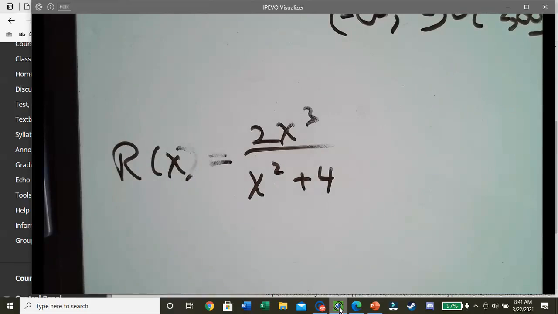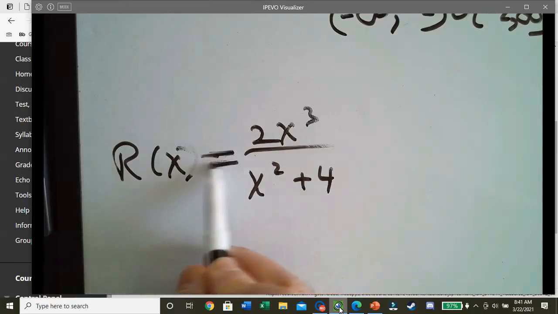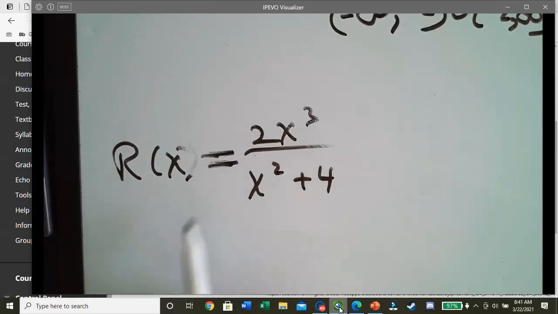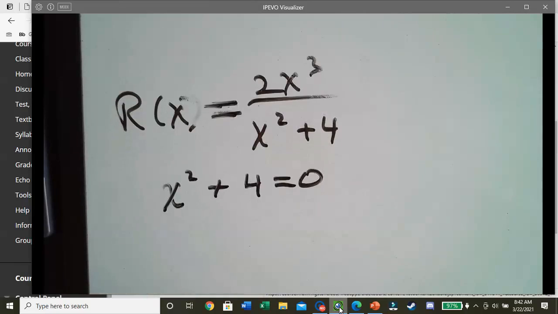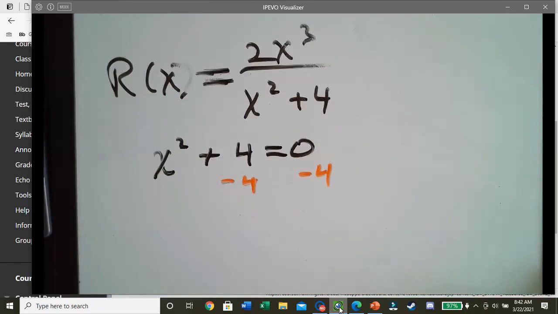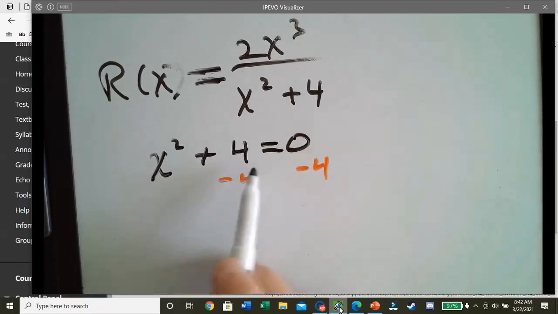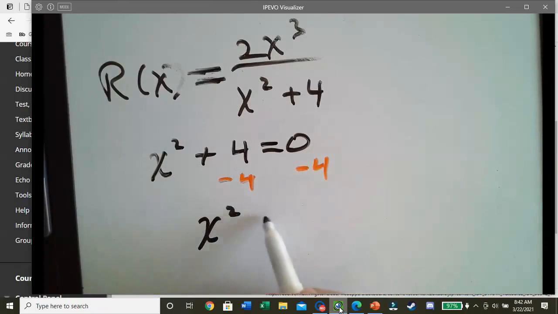All right, so here, this is a different animal. Because if we were to set this equal to 0, what do we do first? Subtract 4, right? We can use the square root method. x squared equals -4.